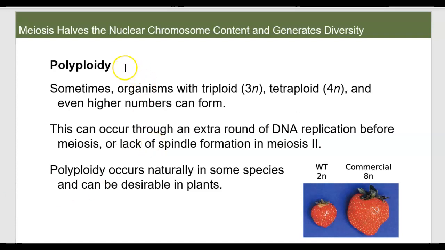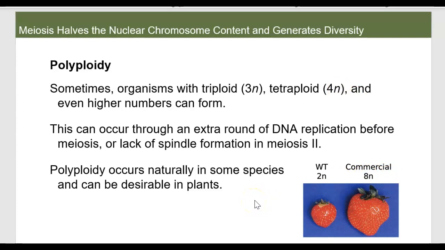Polyploidy is really interesting because polyploidy means you get multiple sets. So instead of being 2N, an organism can be 3N or 4N or even up to 8N. So down here what you see is that happens a lot in plants.